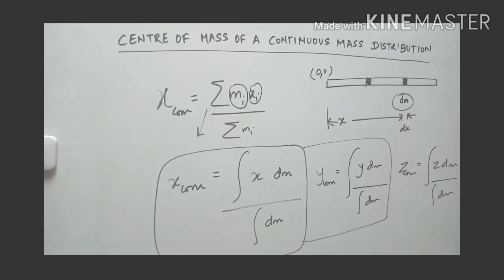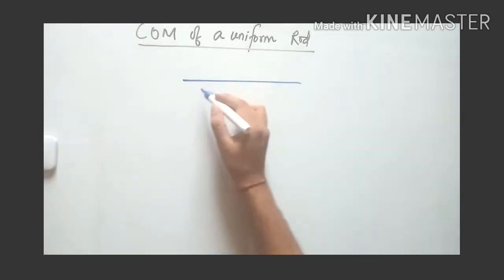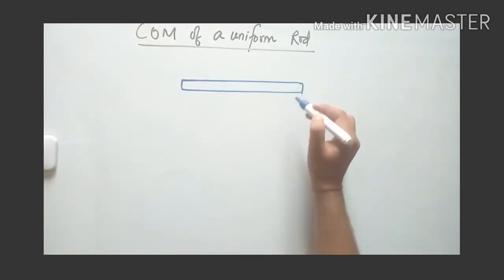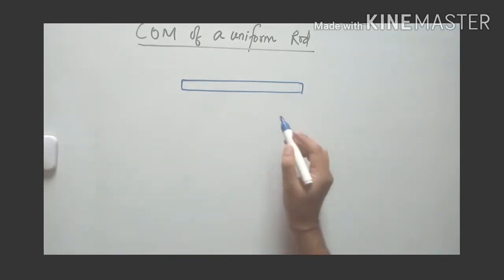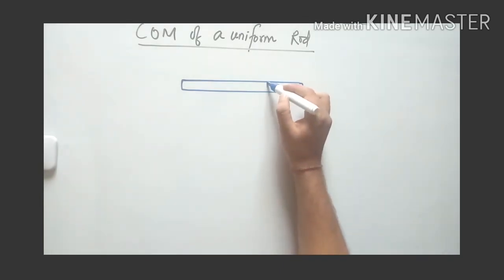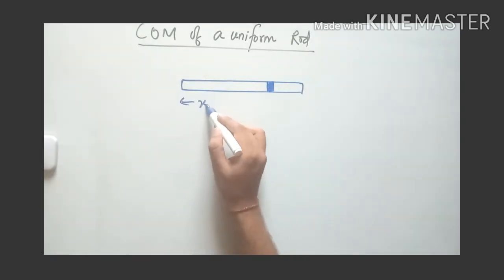So let us take an example here. Let us find the center of mass of a uniform rod. So this is a rod, and we are going to find its center of mass. First of all, we will take a particular element at a distance x.